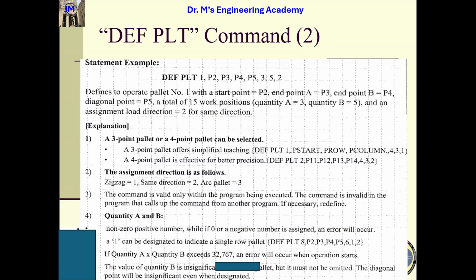And then I have 3 numbers. The first number is 3, which means that in the first direction, I have 3 blocks, 3 items. The second number 5 means that in this direction, I have 5 blocks.